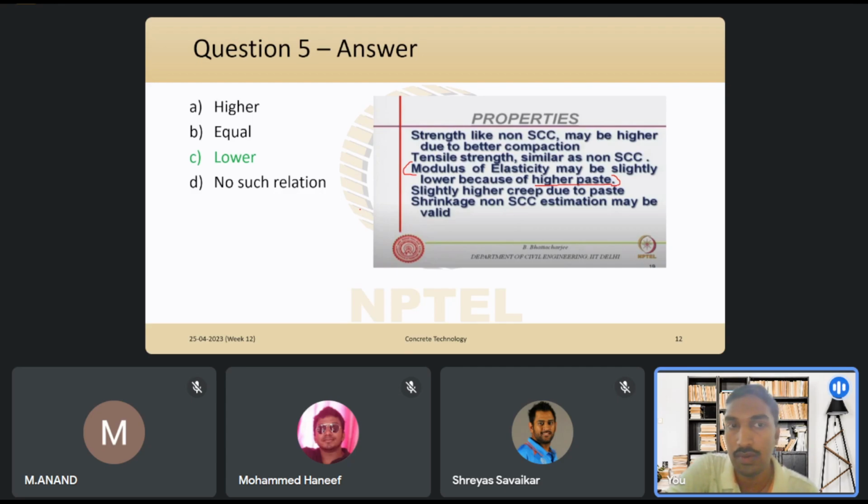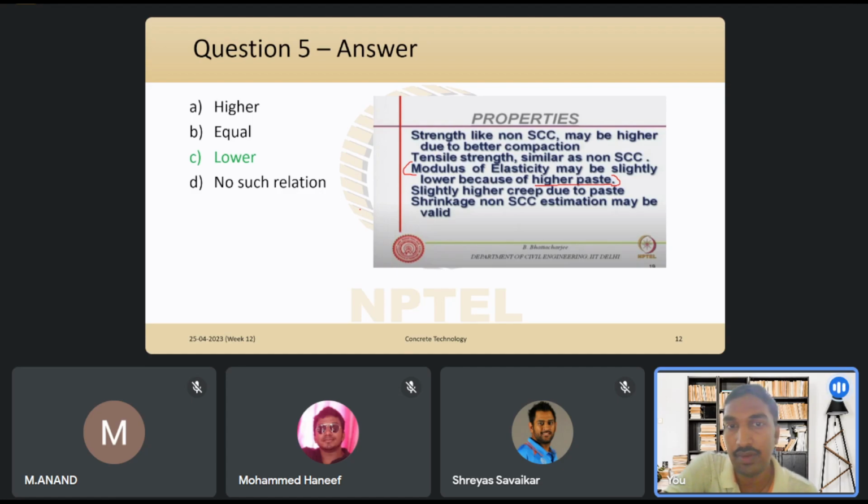So it should flow more easily than your conventional concrete, because only then will it be able to achieve self-compaction. If you have higher aggregate content, your flowability will reduce, because coarse aggregate is the least flowable of all the different components in your concrete. So we reduce that content in self-compacting concrete.